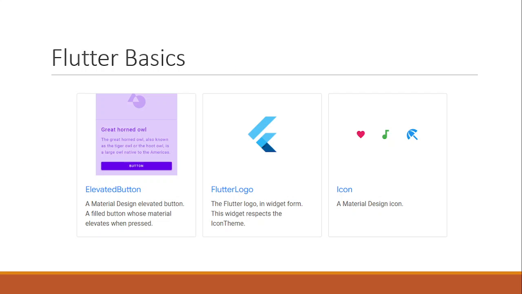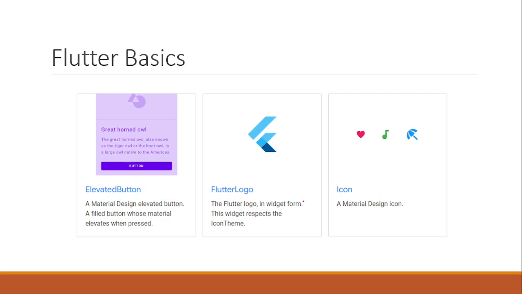And then, if you want your own icon or a specific icon that represents a button that you put inside a container or beside the text, you can use the icon widget.